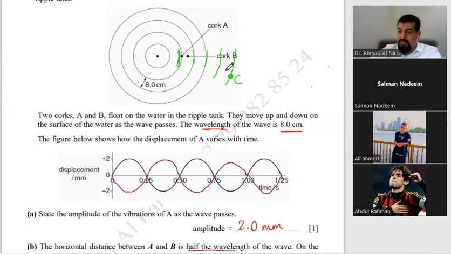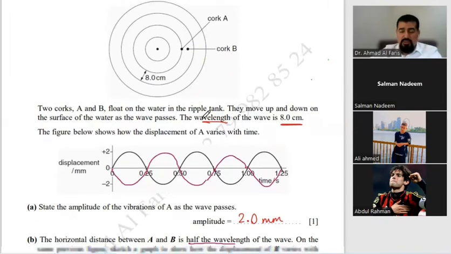The separation distance is a number of wavelengths. But since it is far, the amplitude will be a little bit smaller than A, because it's far. If they ask about point C, but in this question they didn't, so I will not put it in my answer, so you will not get confused. But whenever the object is farther, the waves will have less amplitude, less energy, due to the energy dissipated over the distance.